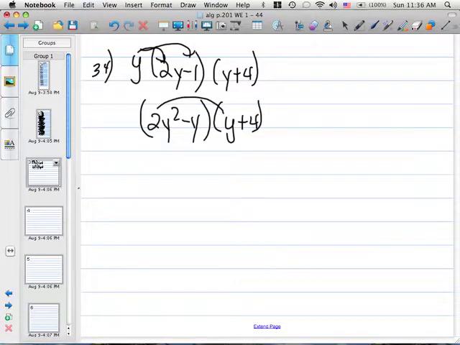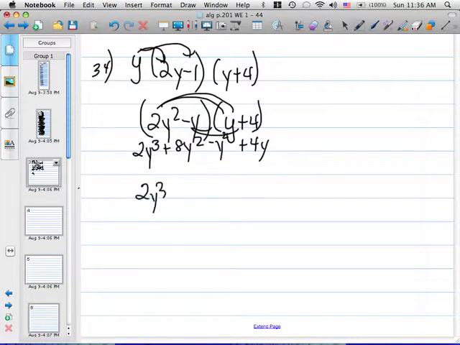First term, 2y cubed, outer plus 8y squared, inner minus y squared, last plus 4y. So it's 2y cubed, positive 8 take away 1, plus 7y squared plus 4y.